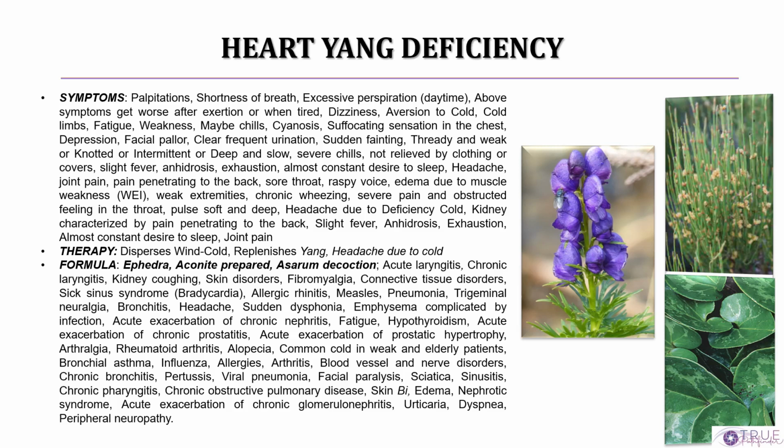arthralgia, rheumatoid arthritis, alopecia, common cold in weak and elderly patients, bronchial asthma, influenza, allergies, arthritis, blood vessel and nerve disorders, chronic bronchitis, pertussis, viral pneumonia, facial paralysis, sciatica, sinusitis, chronic pharyngitis, chronic obstructive pulmonary disease, nephrotic syndromes, acute exacerbation of chronic glomerulonephritis, urticaria, dyspnea, and peripheral neuropathy.